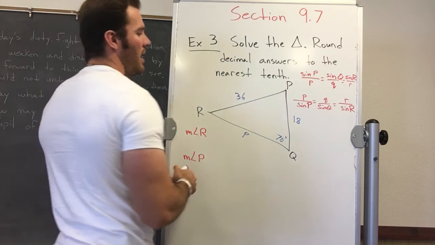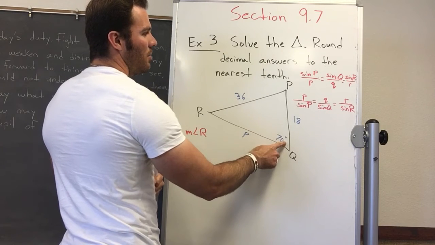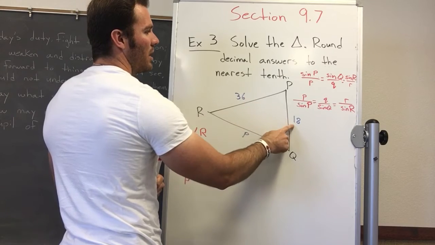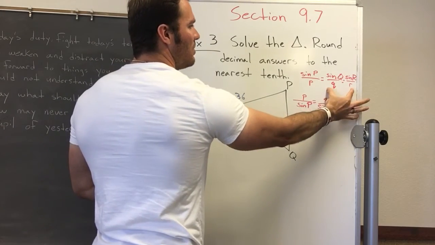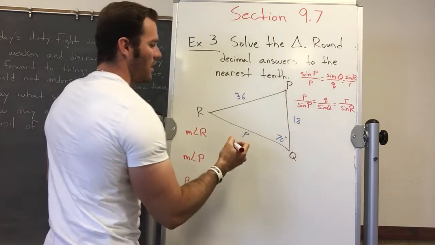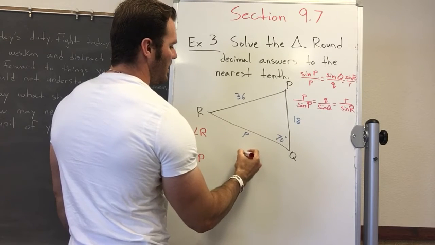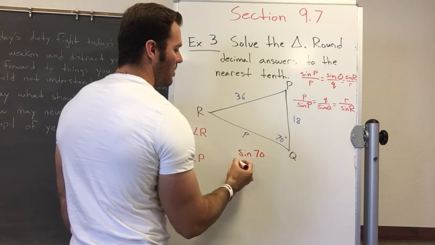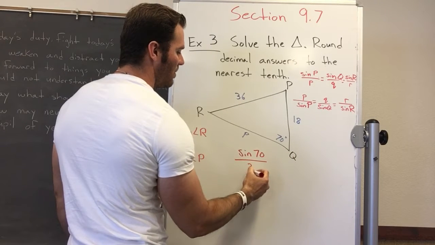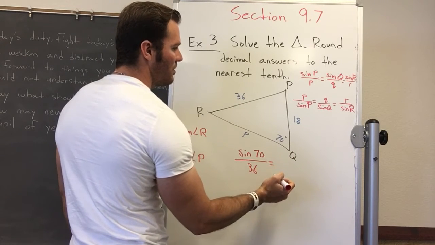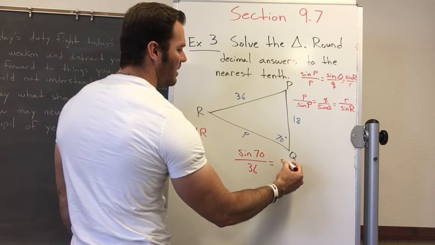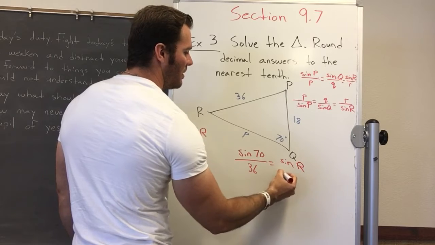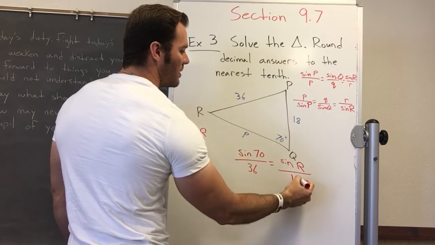But we do have uppercase Q and lowercase q, and we have lowercase r. So let's take the q's and r's. So we'll do sine 70 of big Q over the little q, set it equal to sine of big R, which we do not know, over little r.